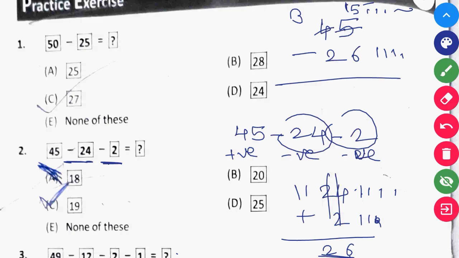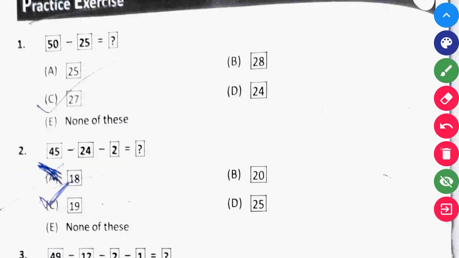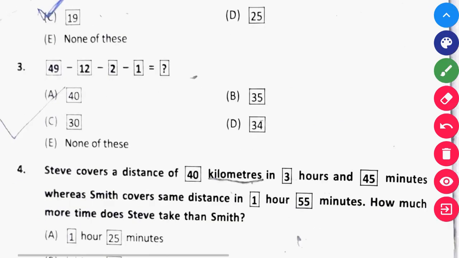So how many fingers do you go ahead to become 15 after 6? So 9. So your answer is 9 for 15 minus 6, and 3 minus 2 is 1. So the answer is 19 for this subtraction of 3 numbers.